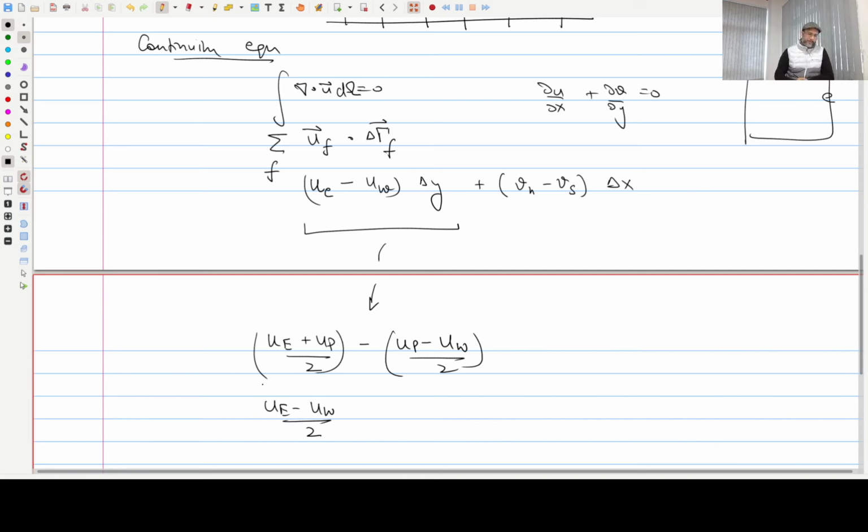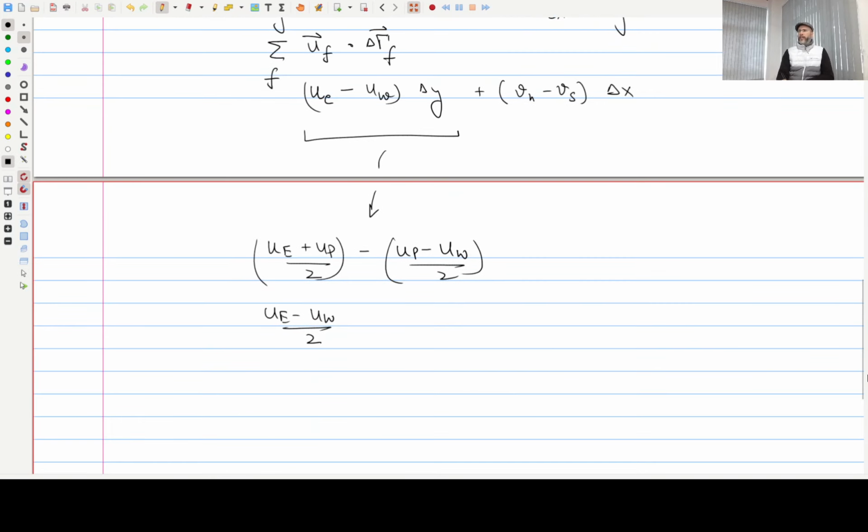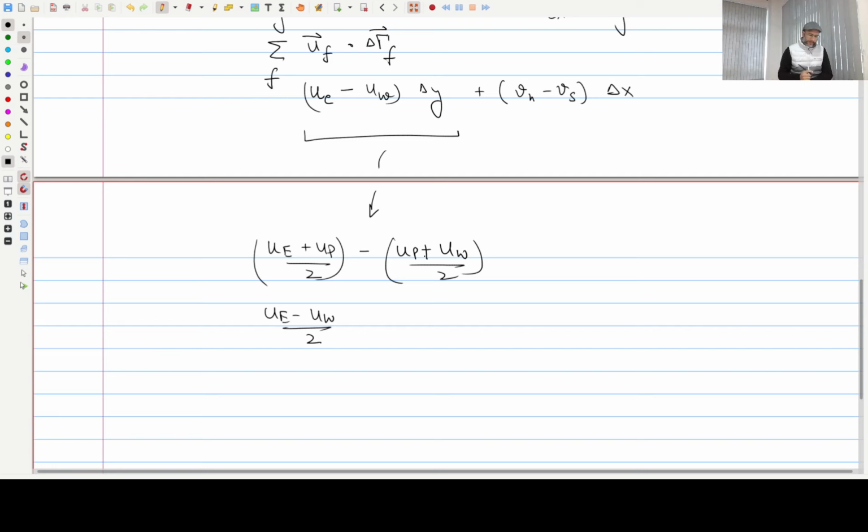Very similar. Now again, what's happening is that in this velocity equation, it's the alternate nodes talking to each other. So again, we see that the alternate nodes are talking to each other.